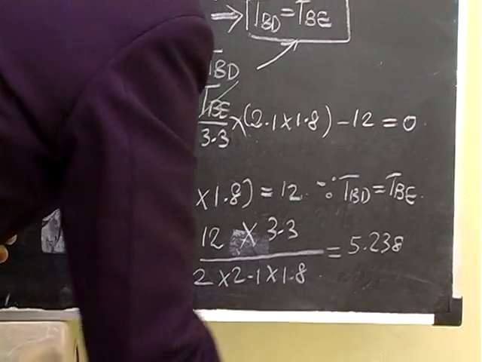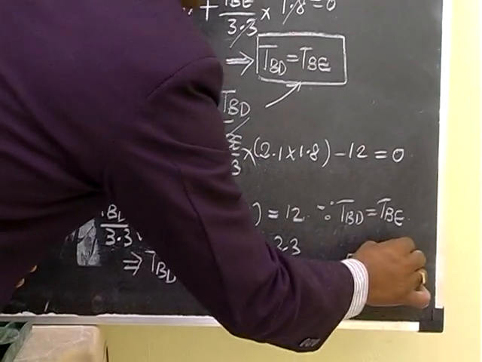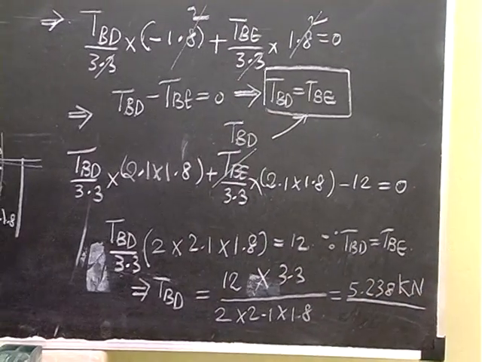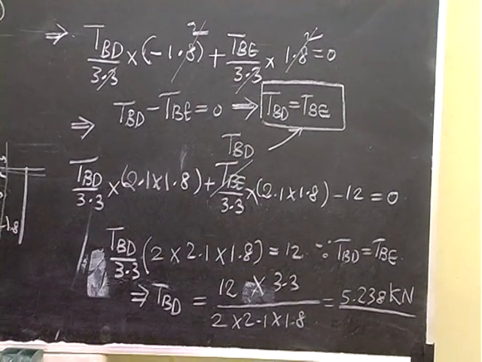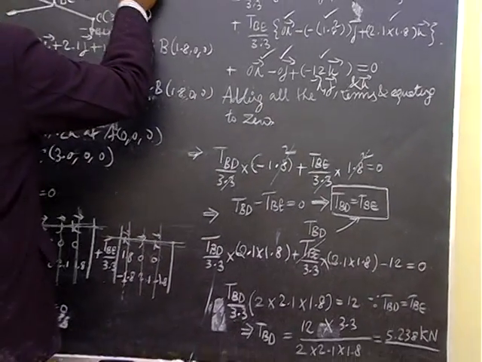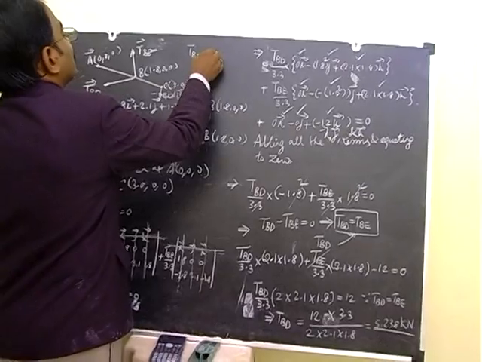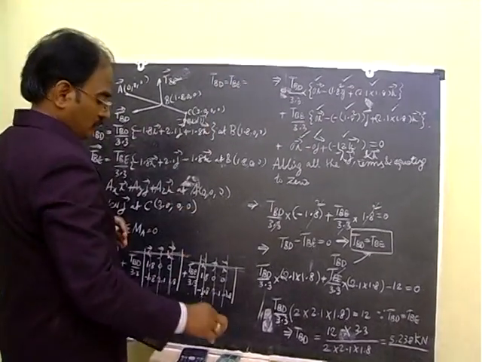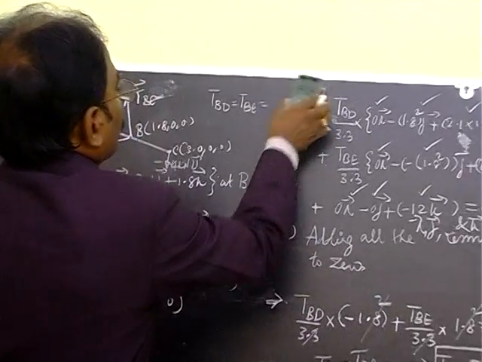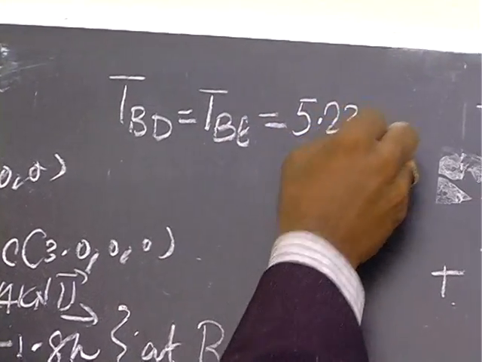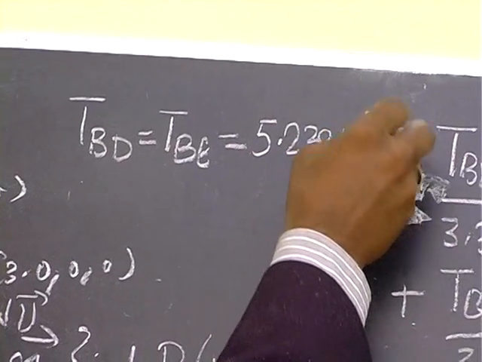Since TBD and TBE are the same, both the tension values are 5.238. So it's a very important answer, a step answer. We can write it as TBD is equal to TBE, which is nothing but 5.238 kilonewton, positive.